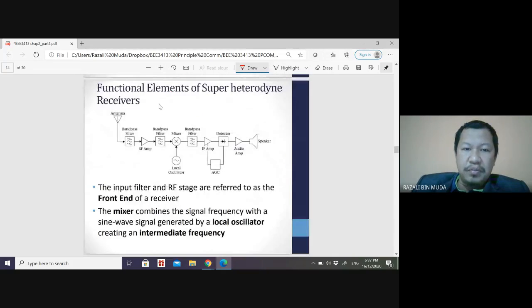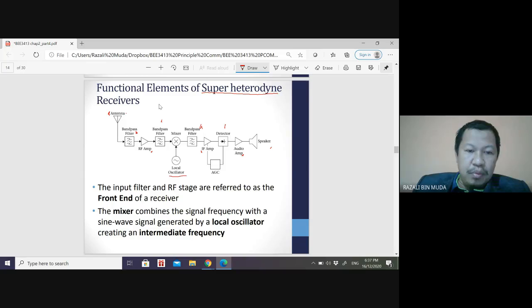Functional elements of the superheterodyne receiver: antenna, which we have discussed, band pass filter, RF amplifier, band pass filter, mixer, band pass filter, RF amplifier, detector, audio amplifier, speaker.